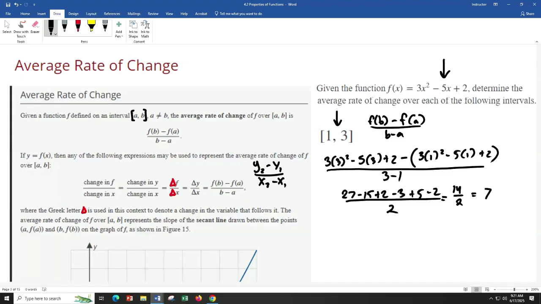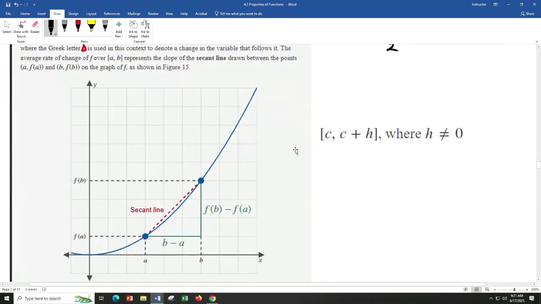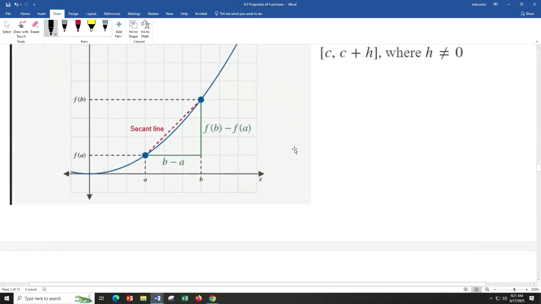Not hard math, right? But could it get messy? Yeah. So be slow, be intentional, take your time. Let's look at one that's a little bit weirder. Look at this one. Notice they give me 2 different points here.